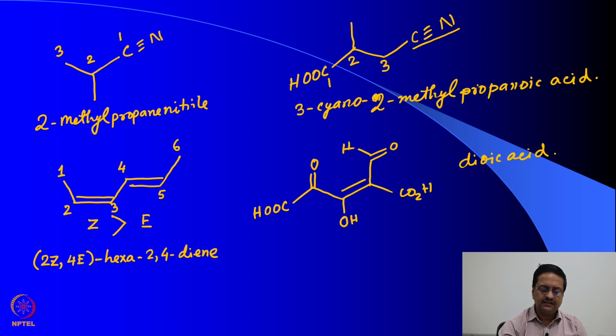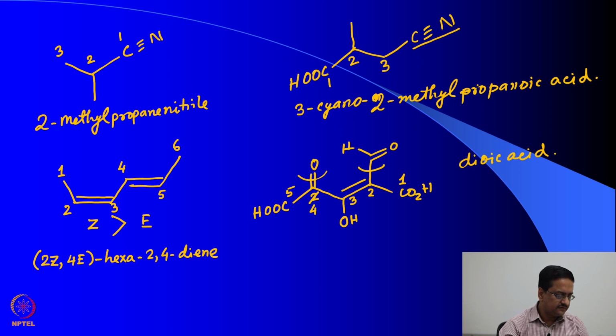So, from the right hand side we have at position number 2 we have this group, and from left hand side at point number 2 we have this group which is oxo. So, this group being a larger group, we identify the numbering from the right hand side and write the numbers 1, 2, 3, 4 and 5.